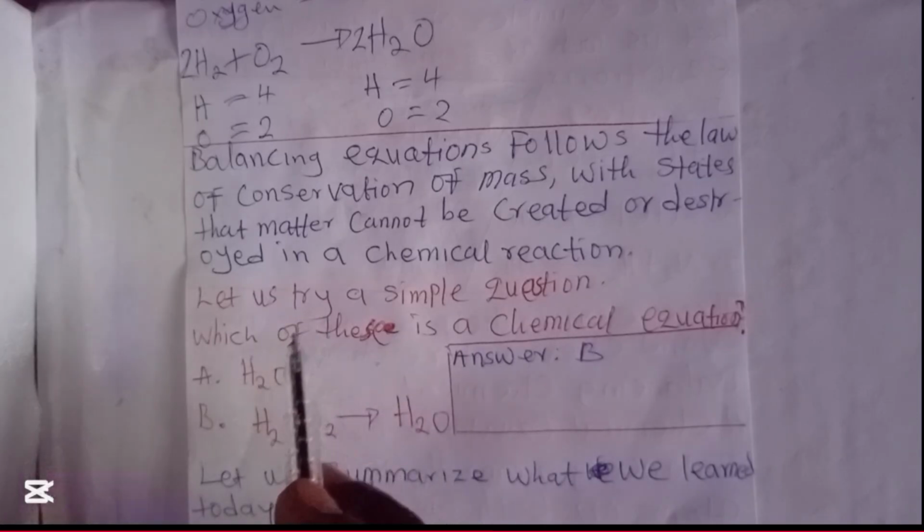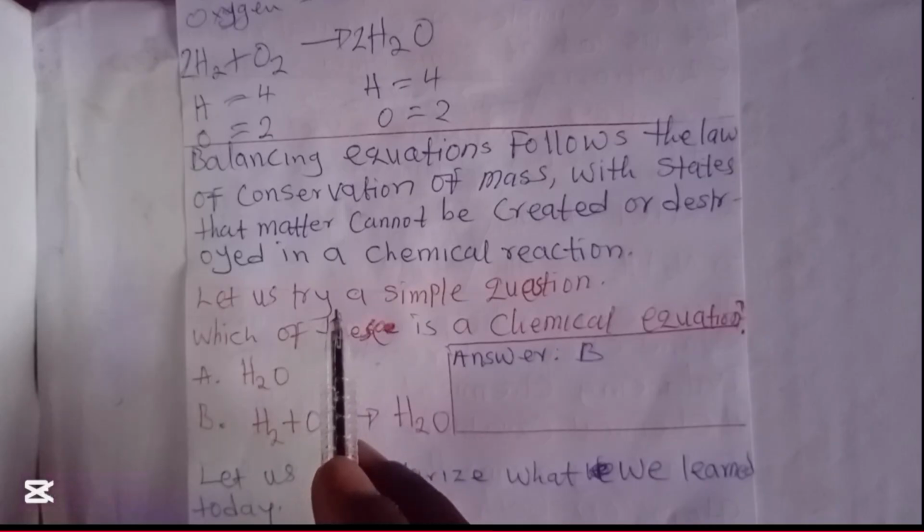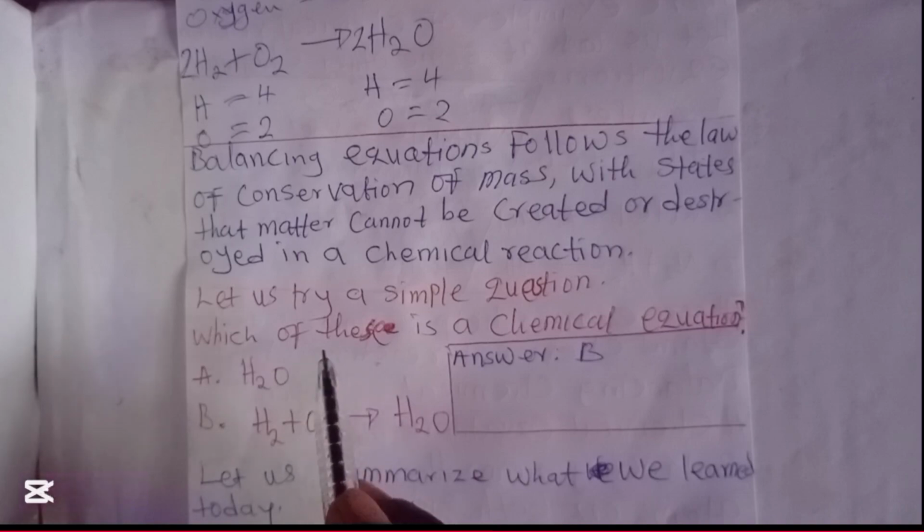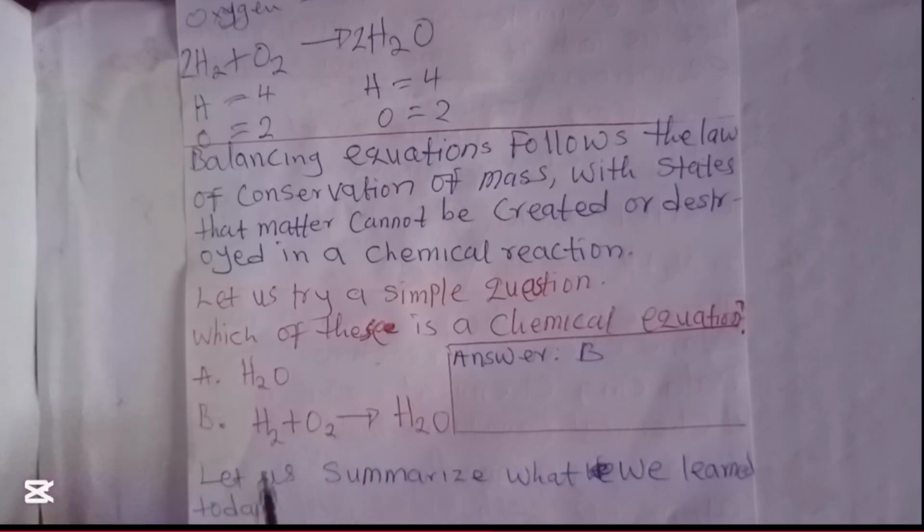From the knowledge of what we just learned, for us to have a chemical equation, there will be a right hand side, a left hand side, and a particular sign separating them, and that sign is the arrow. So to have a chemical equation, we must have an arrow in the middle.